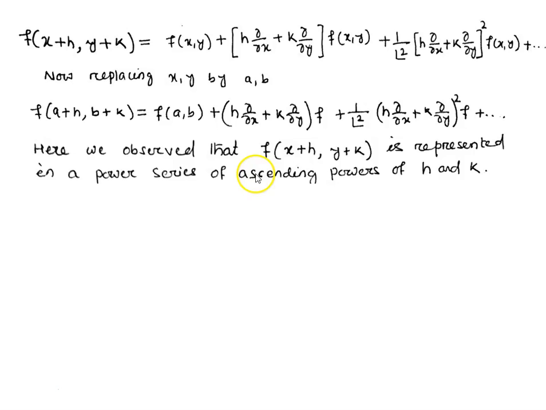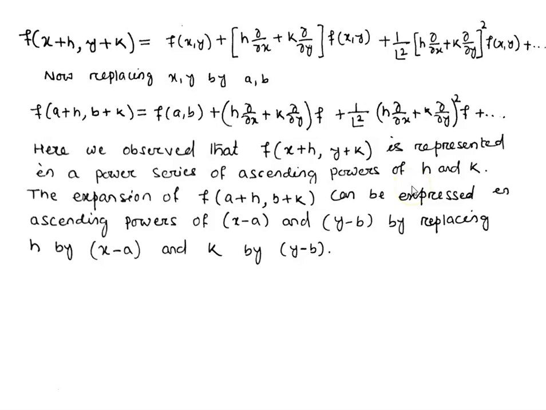Here we observed one thing, that this expression f(x+h, y+k) is represented in the power series of ascending powers of h and k. Because if we expand this, in this term we have power 1 of h and k. Similarly, in the second term we will have h², k². In the third term we will have h³, k³. So this expression is represented in a power series of ascending powers of h and k.